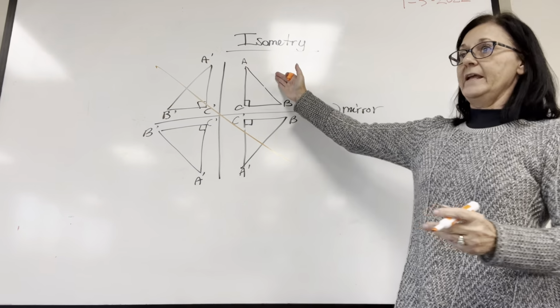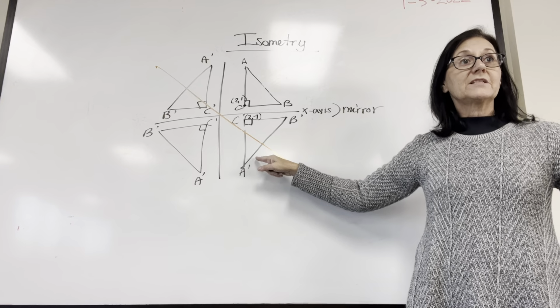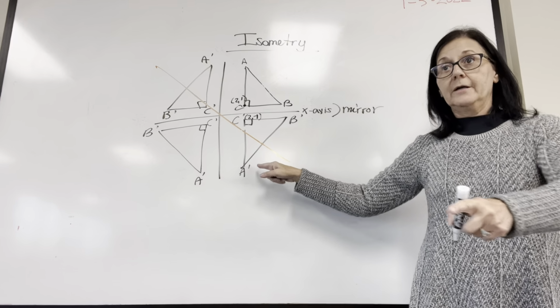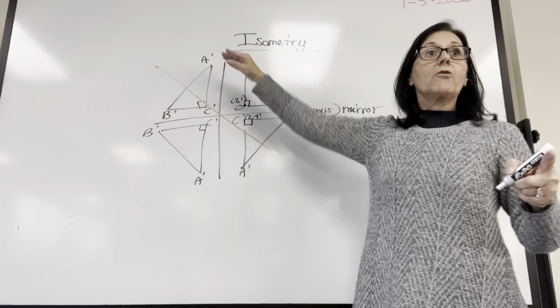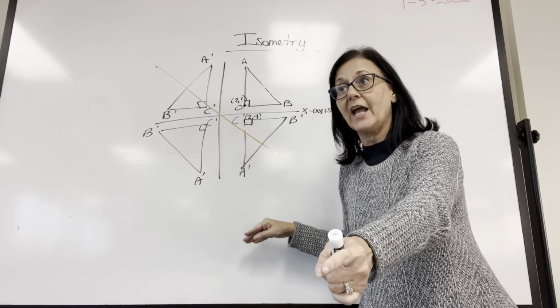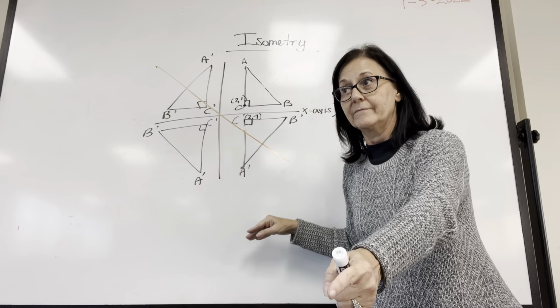What changes? The y. Sometimes this is on the ACT. It's not in your textbook, but you will be required to know this. If I'm going across the x-axis, the y changes.